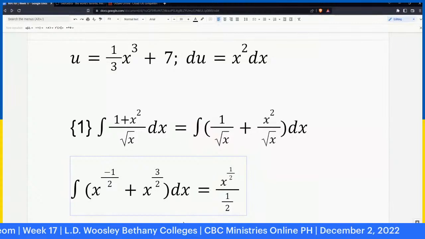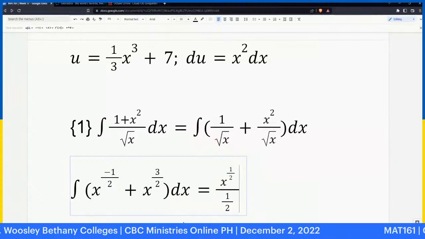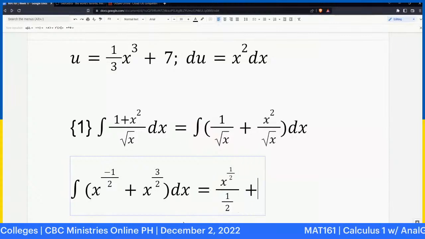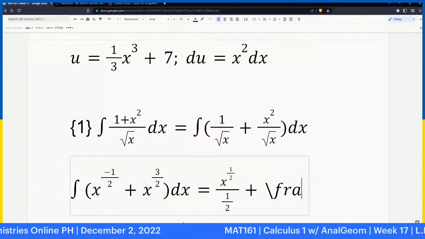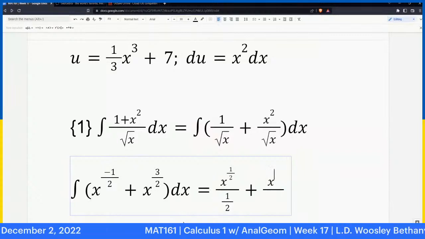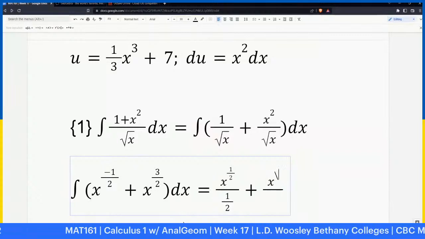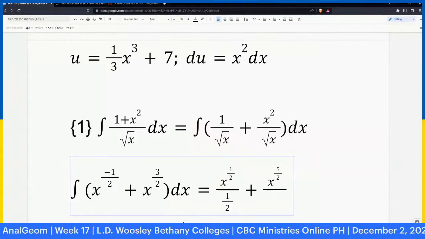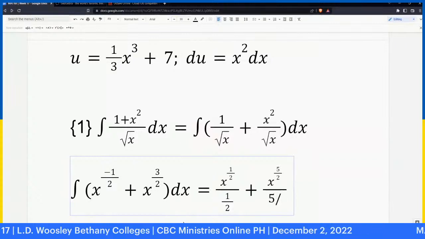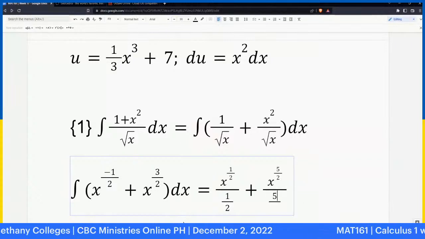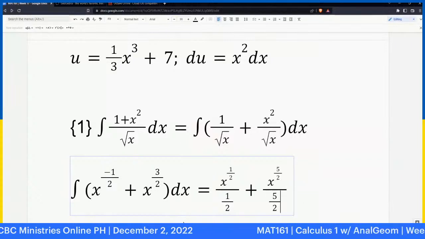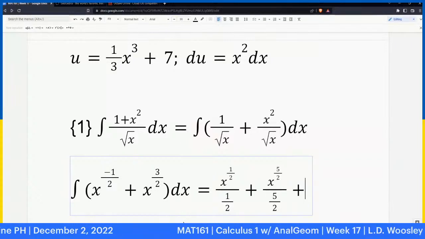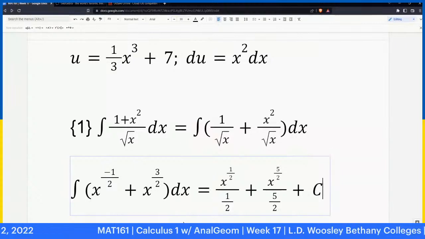That is 5 halves. No? Right, plus C. Simplified further.